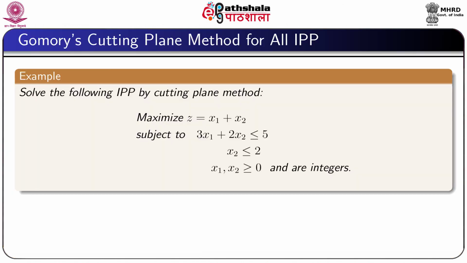Consider the following IPP: maximize z is equal to x1 plus x2 subject to 3x1 plus 2x2 is less than or equal to 5, x2 is less than or equal to 2, x1, x2 greater than or equal to 0 and are integers. So, this problem is an all integer programming problem.